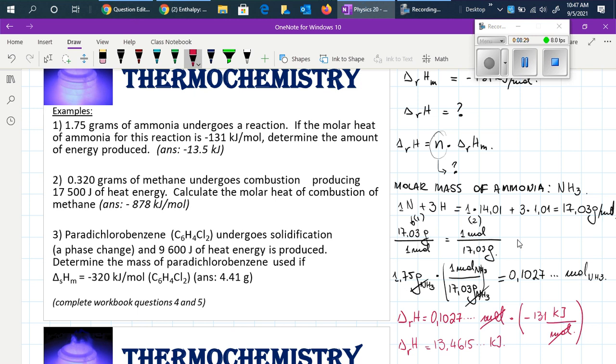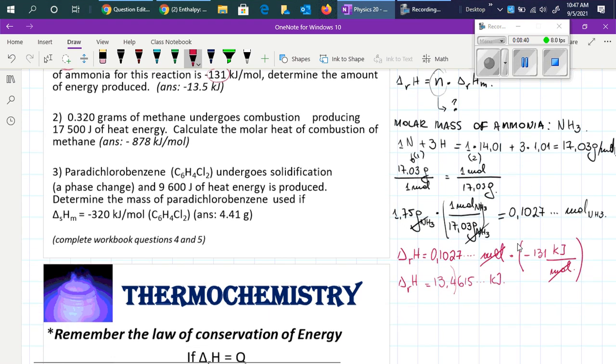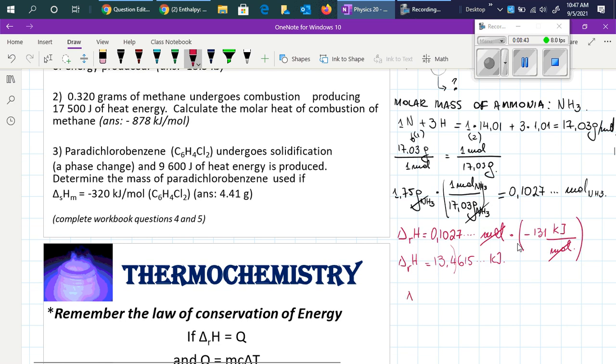However, based on what is given, you have to express your answer in 3 significant digits. So you have to stop here. So your final answer will be delta R H, and it is negative because the negative is carried over, negative 13, and now you take a look at the consecutive digit, and you see that it is greater than 5, so therefore you will round it up and it will be negative 13.5 kilojoules.